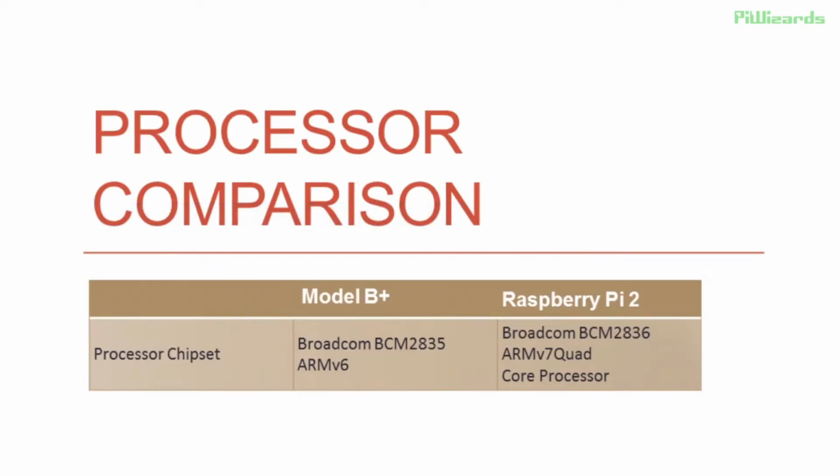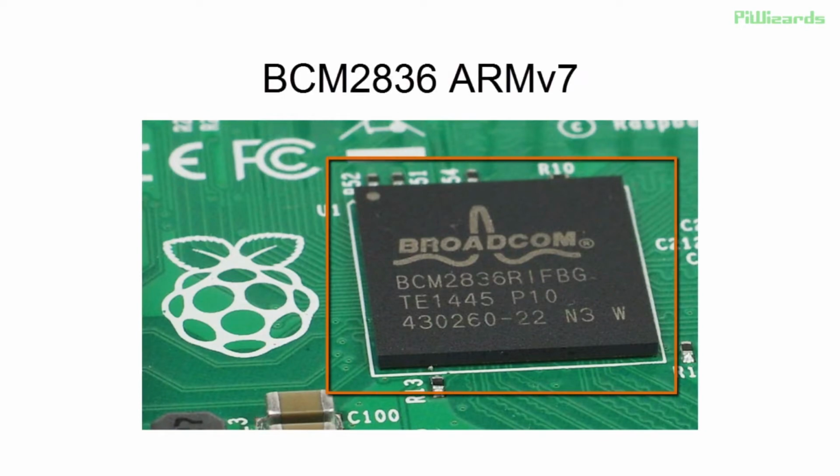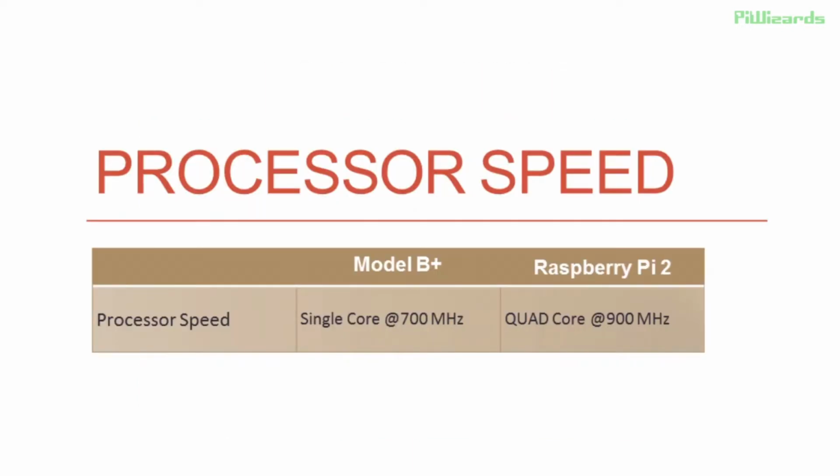Compared to Raspberry Pi Model B+, with its Broadcom BCM2835 ARM-v6 system on a chip processor, the Pi 2 Model B has a new quad-core Broadcom BCM2836 ARM-v7 processor powering a single-board computer running at 900 MHz. The B+ single core ran at 700 MHz.